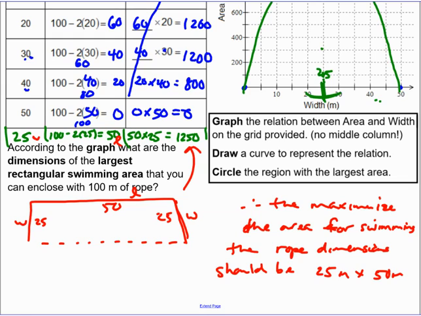So what else do we notice about this? 25 and 50. Here's the catch. Here's the exception to the rule where a square is best. Obviously, this isn't a square.